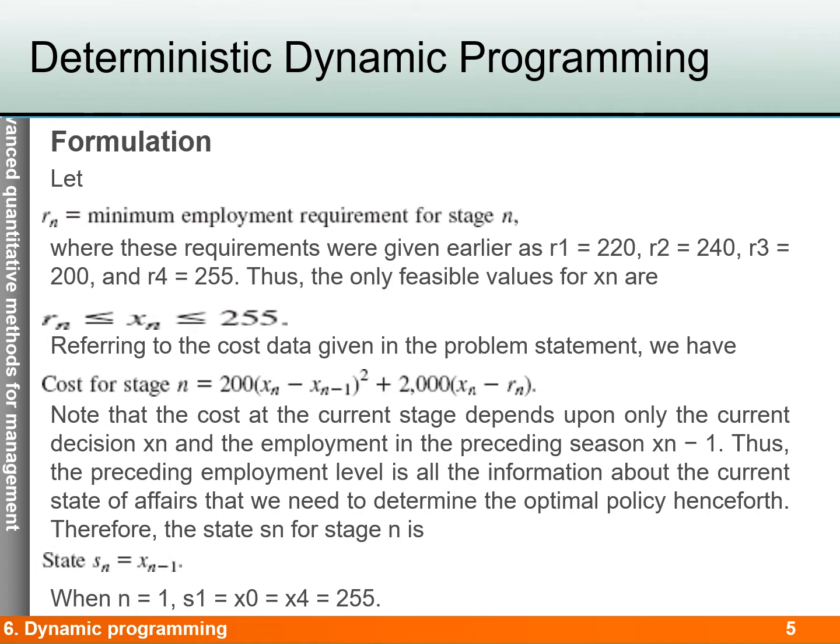The finishing of the autumn is exactly the starting of the winter. So Sn, the availability of period n, is equal to the decision variable of the previous stage. Let's continue in the next slide.